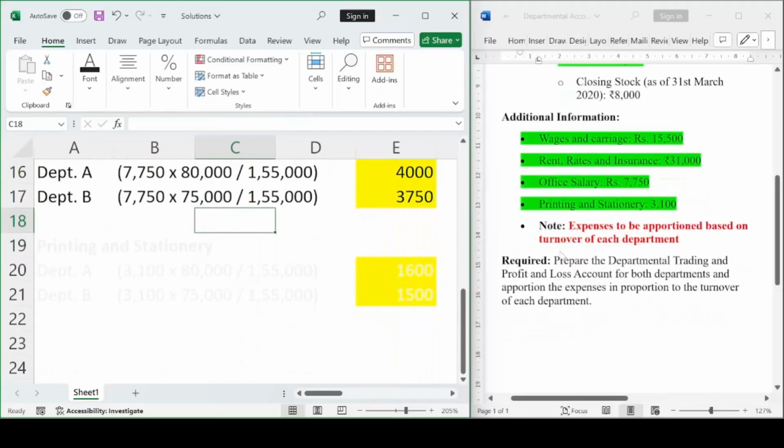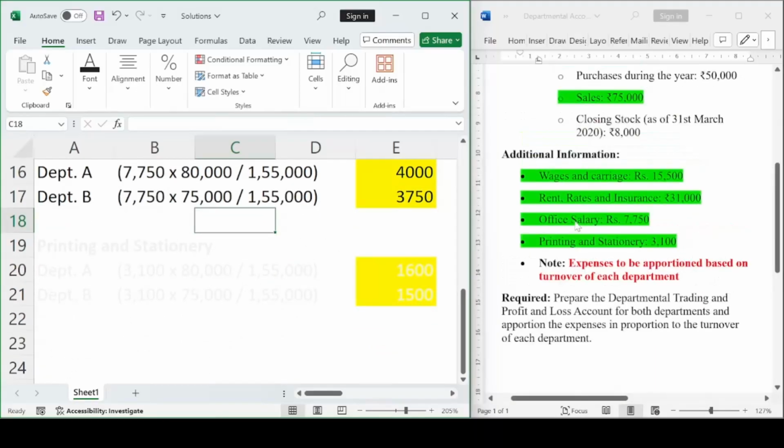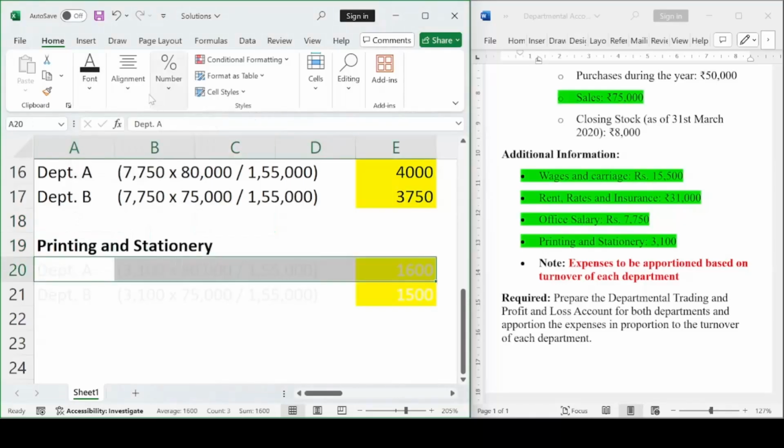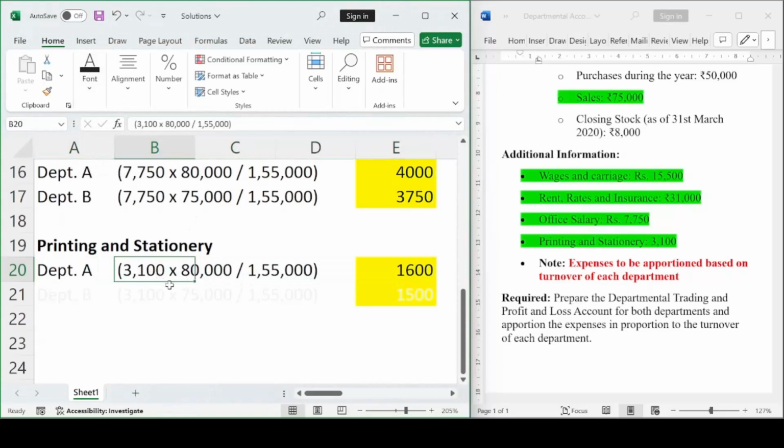Now we have last expenses, that is printing and stationery. So when we look into printing and stationery, for department A, let us calculate first. So the total printing and stationery expenses are 3,100 and turnover of department A is 80,000 and total turnover is 1,55,000.